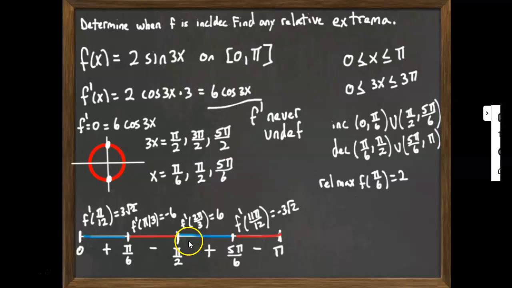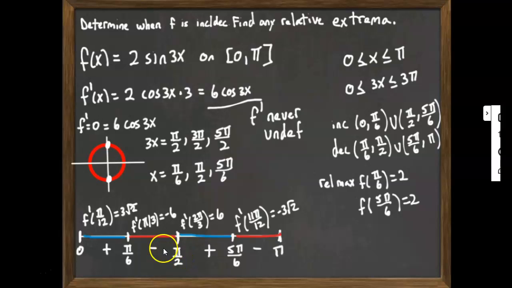And then notice we also have that same blue to red, increasing to decreasing, happening here at 5 pi over 6. So that's also another relative max at 5 pi over 6. And when you evaluate that, you're going to get 2 as well.